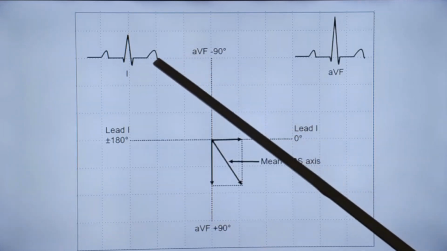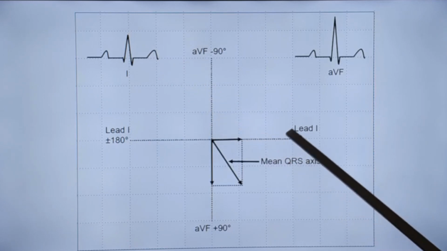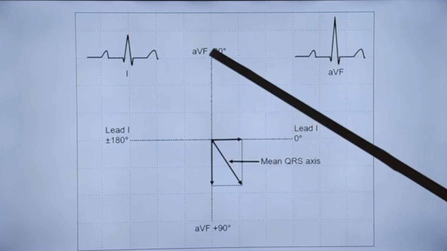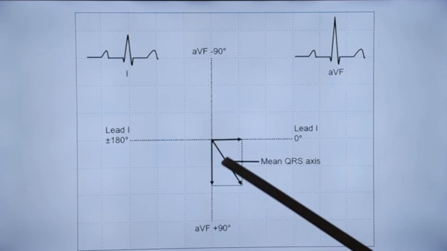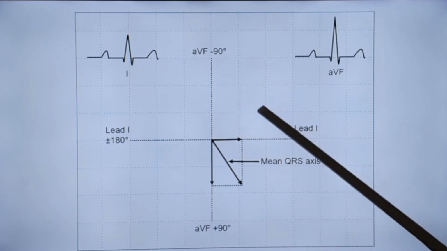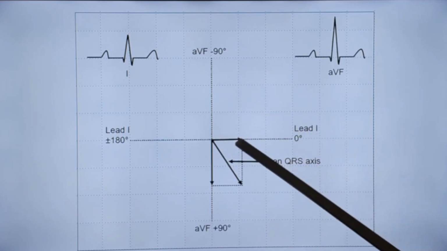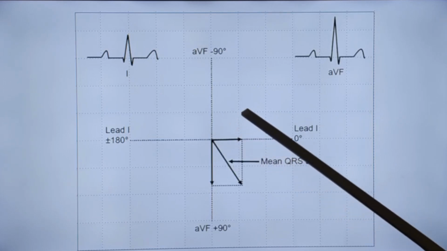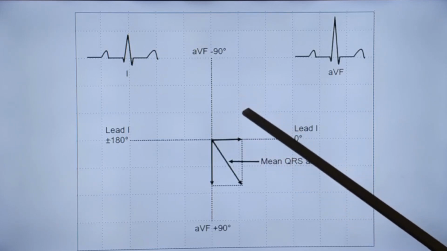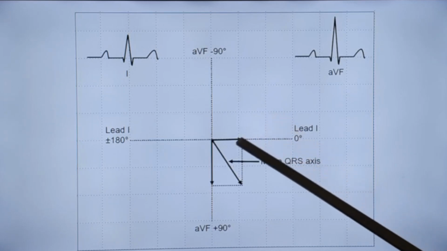If lead 1 is positive and AVF is negative, then the axis will be in this quadrant and it is taken simply as left axis deviation. In that there is a division.